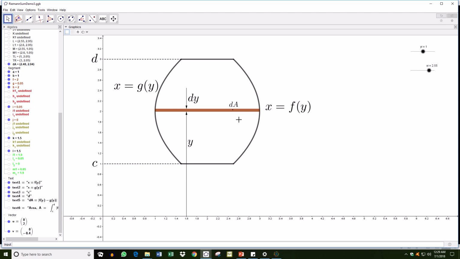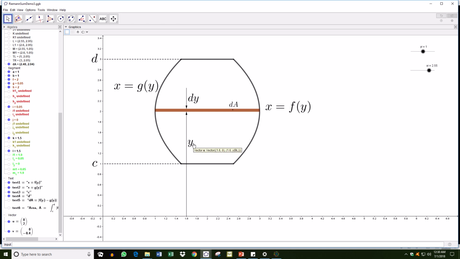Would you agree that the width of this rectangle is the x value at this point minus the x value at this point? Okay, what is the x value at this point? Well, that point happens to be on this curve x equals f of y. y is a known quantity, it is the independent variable, which means we can make it be whatever we want.